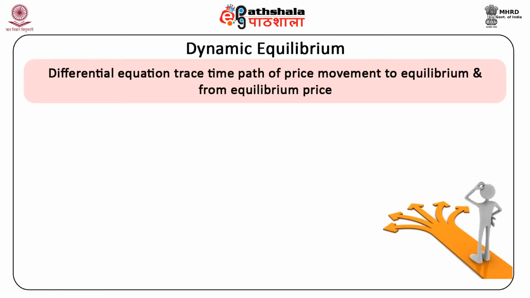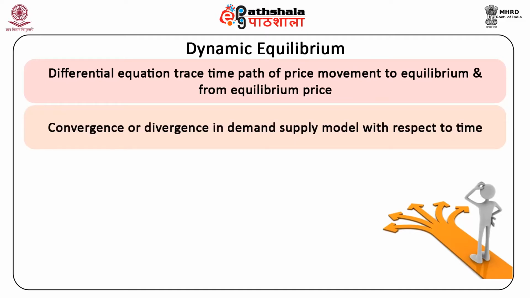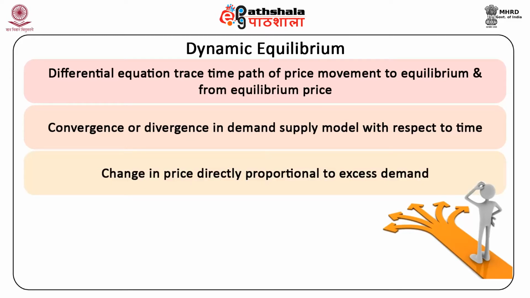Differential equations can be used to trace the time path of the price movement to the equilibrium, and from the equilibrium price, that is convergence or divergence in the demand supply model with respect to time. As we know, change in price is directly proportional to the excess demand.